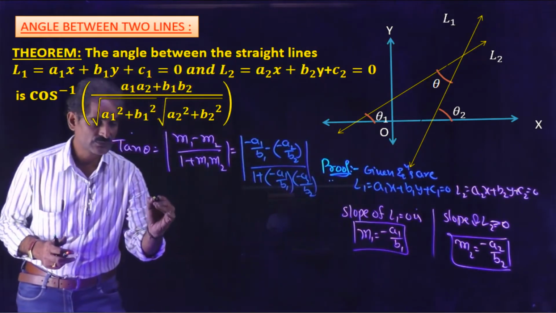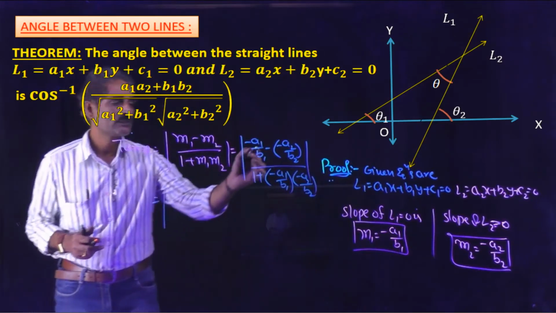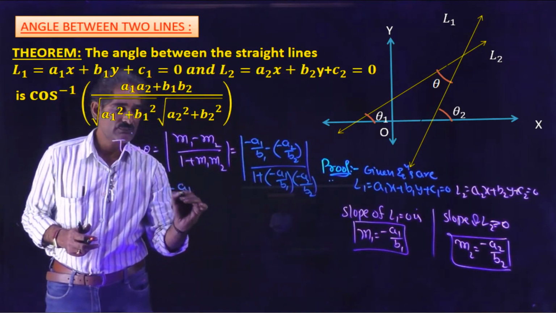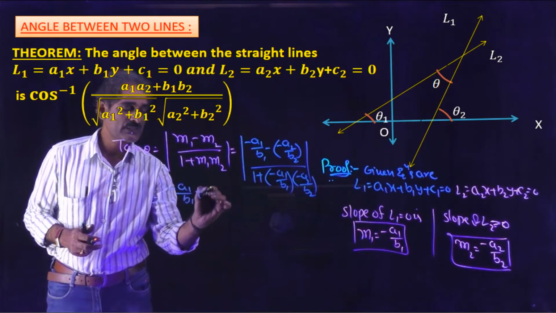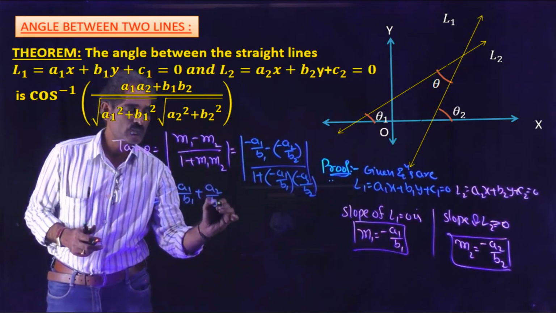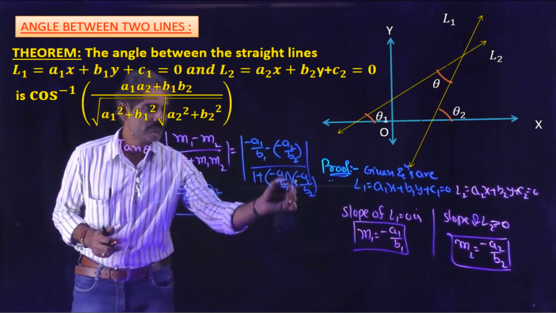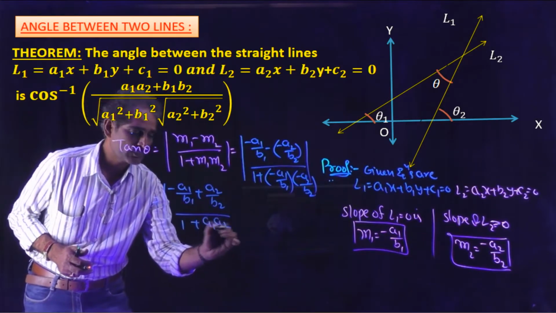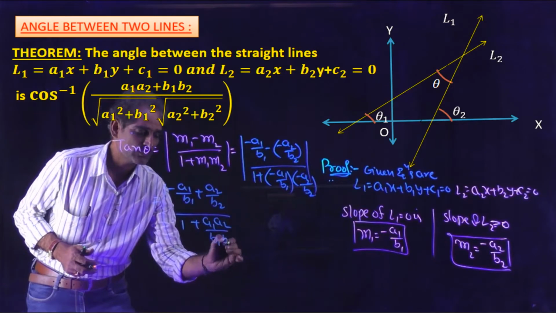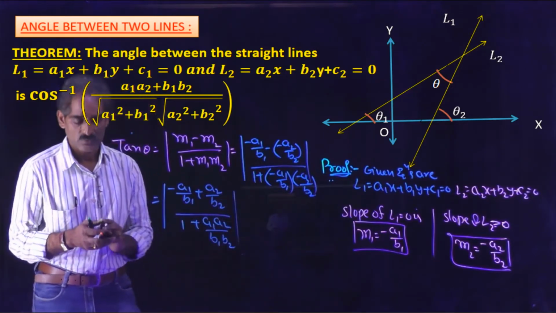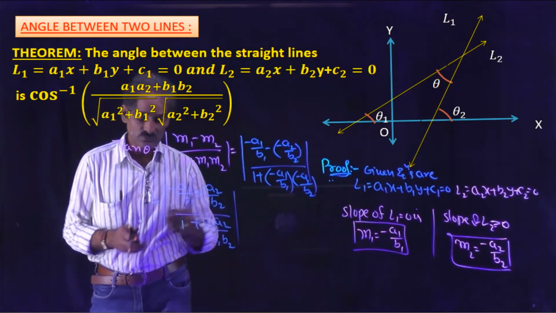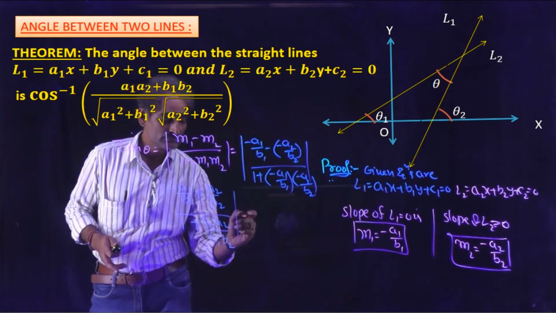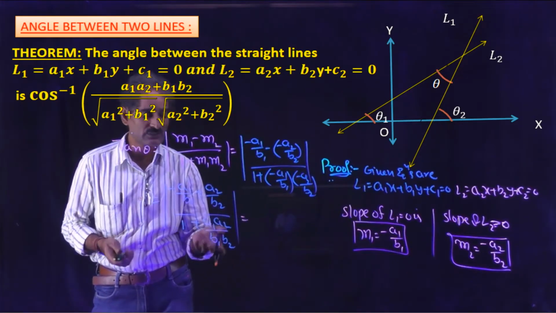Now from this we can write minus a1 by b1 plus a2 by b2 whole divided by 1 plus a1 a2 by b1 b2. Now take LCM in the numerator and the denominator also.